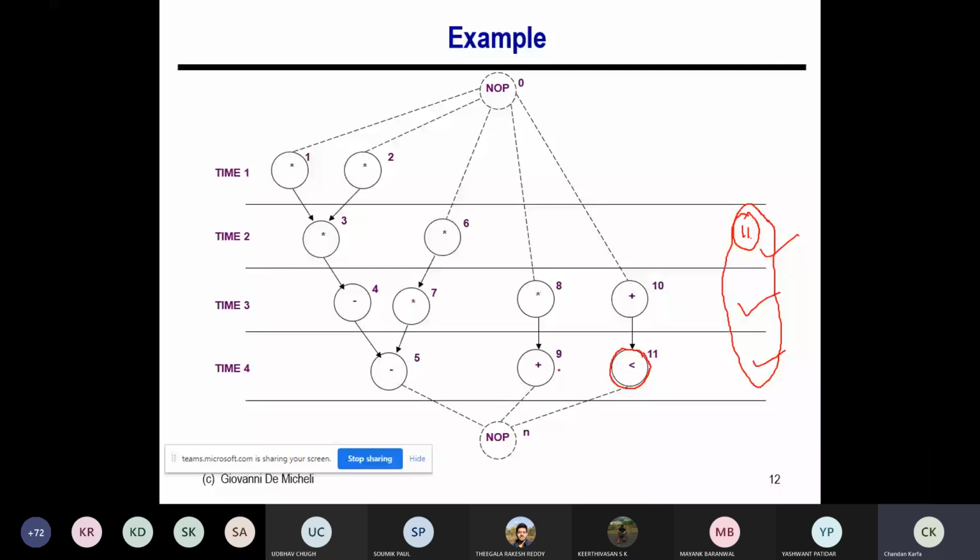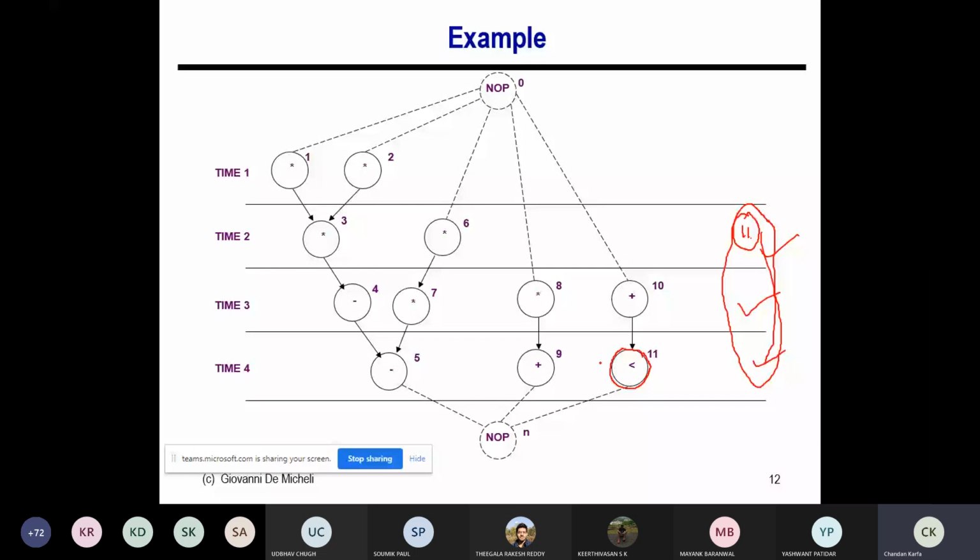So if I know the ASAP value and the ALAP value, I can identify the mobility of each operation, which is nothing but ALAP minus ASAP, that band, which is the safe zone of that operation. Even if I schedule this 11 in any of these 3 cycles, I can still achieve a latency of 4 clocks, assuming all operations are single cycle. So that is the advantage.